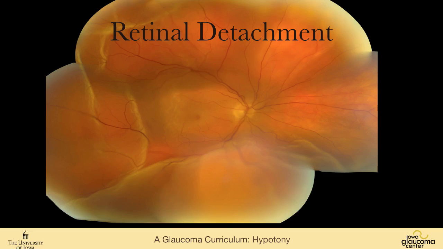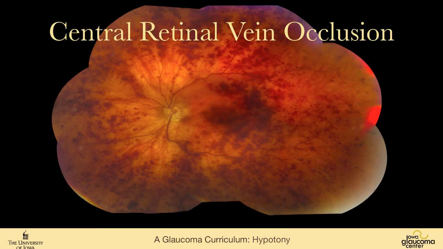This is important for us as glaucoma specialists because some diseases like pigmentary glaucoma make people more likely to get a retinal detachment. And if we're following someone for glaucoma and they suddenly have a great pressure drop when we haven't done anything to cause it, then we need to be worried that they have something bad going on, a retinal detachment or a central retinal vein occlusion that can cause a pretty substantial hypotony.